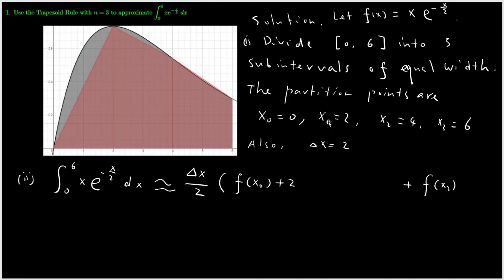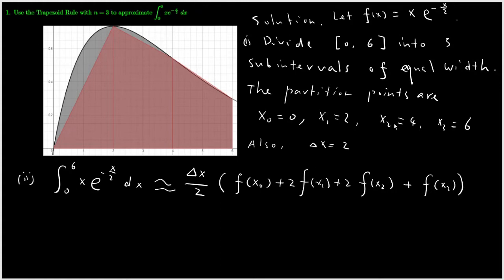We mean at x1 and at x2. 2 times the value of the function at x1, and then plus 2 times the value of the function at x2. That is a copy of the trapezoid rule formula in this particular case.